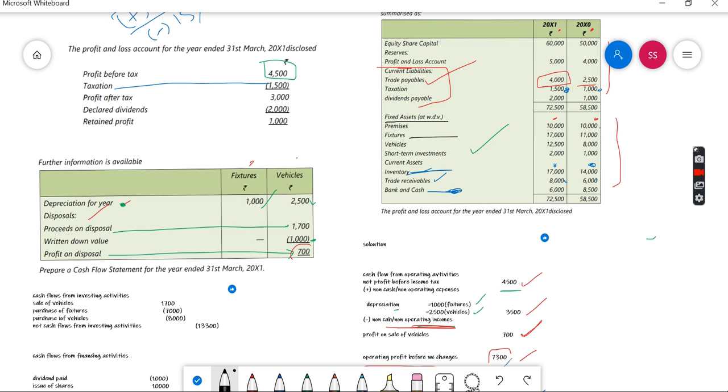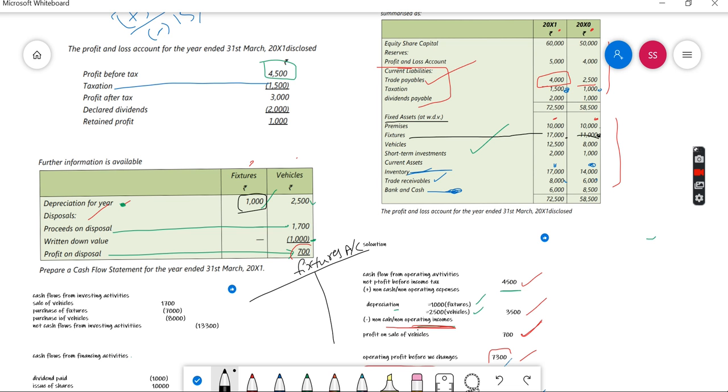Whereas fixtures was previously 11,000, now it is 17,000. That means there is a change in fixtures, and they also gave the depreciation on that. To get a clear picture, it is better to prepare the fixtures account, right? So let's prepare one fixtures account. Fixtures is an asset, so the opening balance you need to write on the asset side.